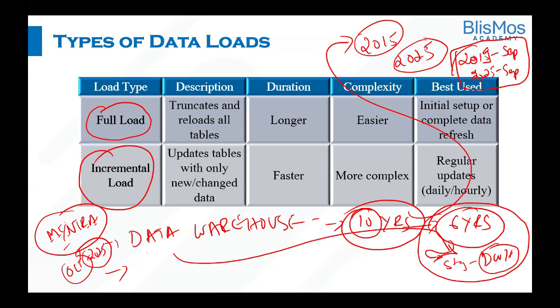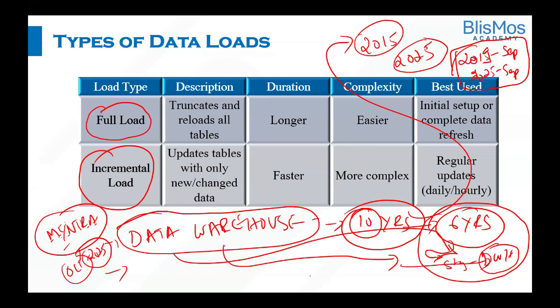Yes. We cannot say we build the data warehouse every 6 years, right? While building the data warehouse, we consider some set of data. But whatever data is getting produced because of the business operations also needs to be included in the data warehouse. That is called an incremental load. You guys got it now?